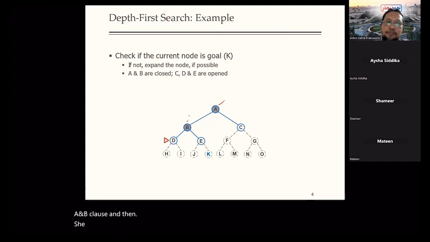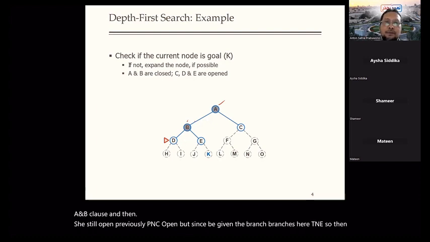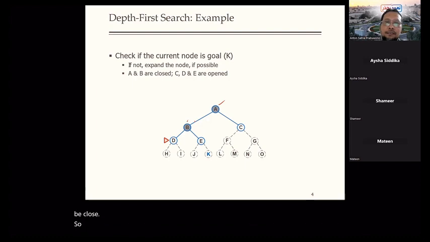Previously B and C were open, but since B gave the branches D and E, B is closed. So now C, D, E are open.